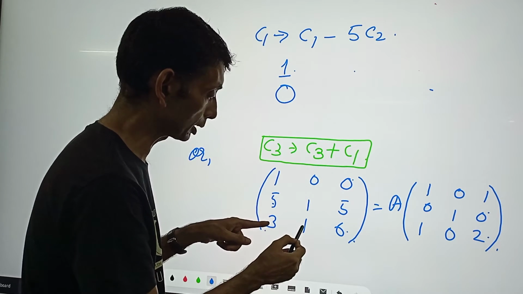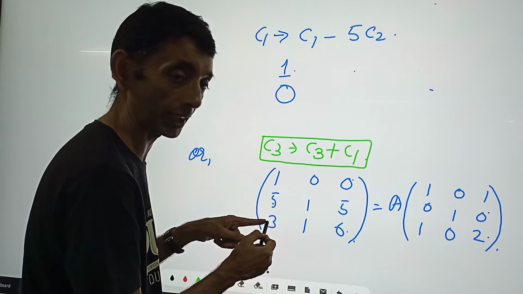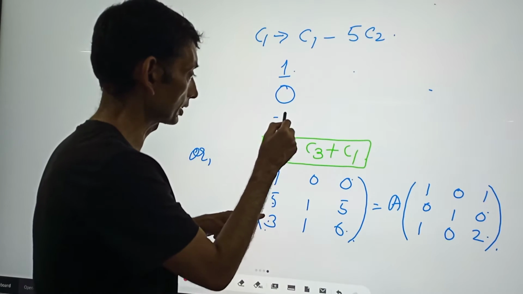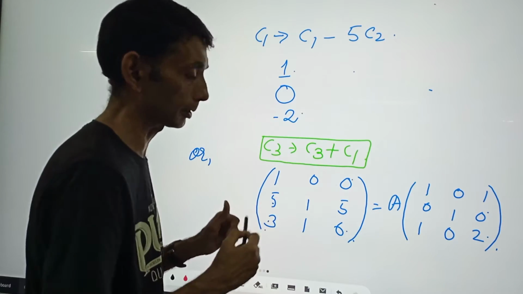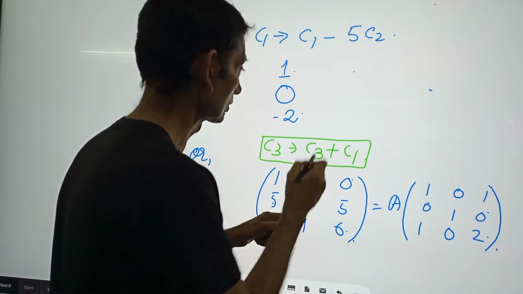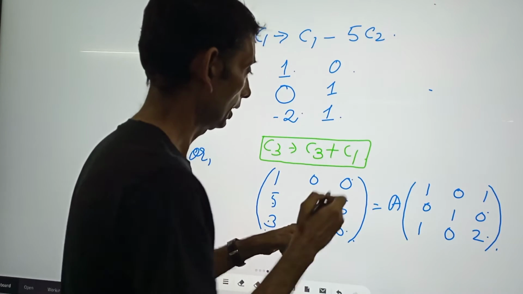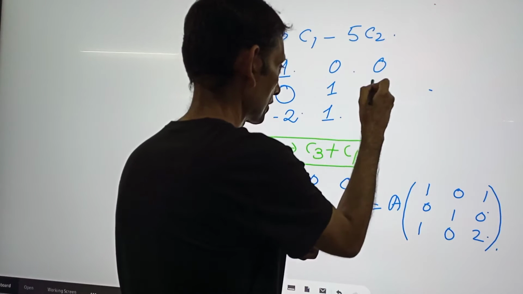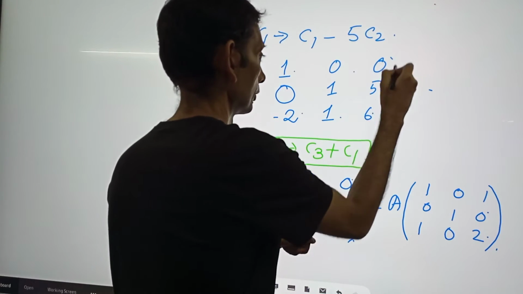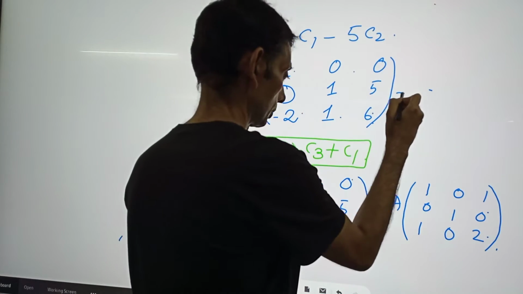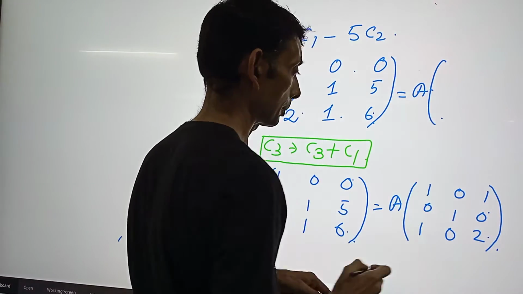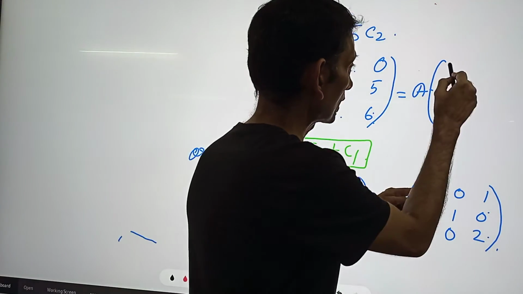And if you multiply this one by 5 and subtract, this number will be minus 2. 3 minus 5 is minus 2. There is no change in column 2, and no change in column 3. Done.